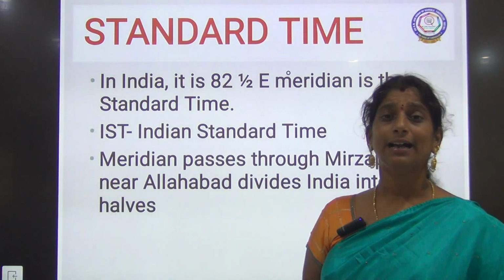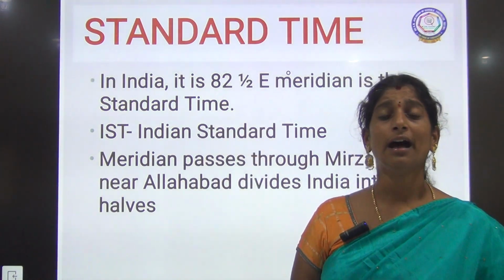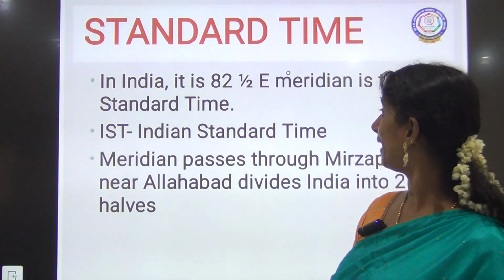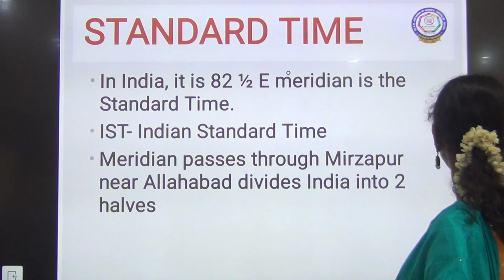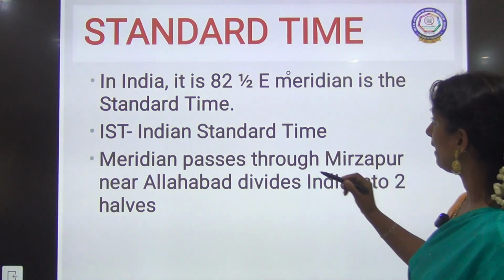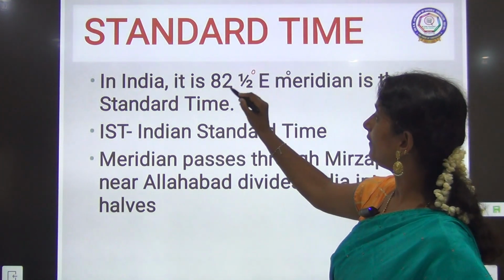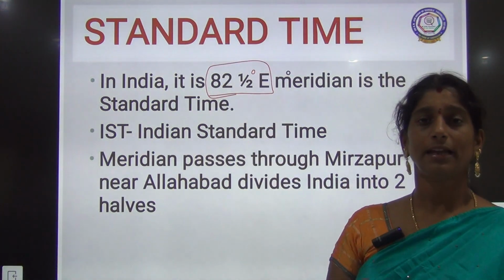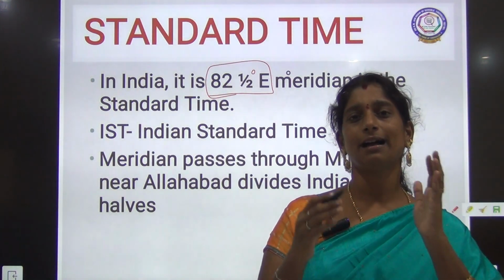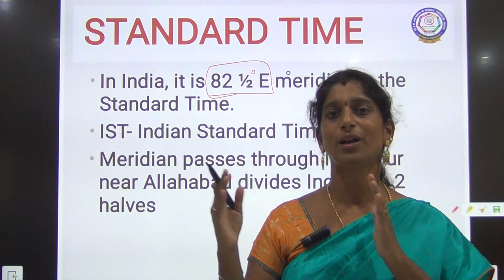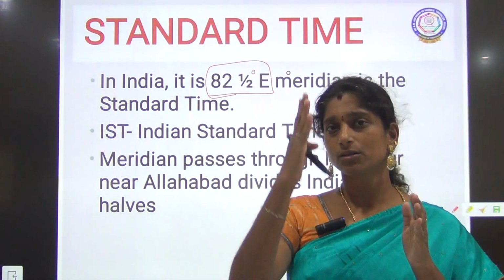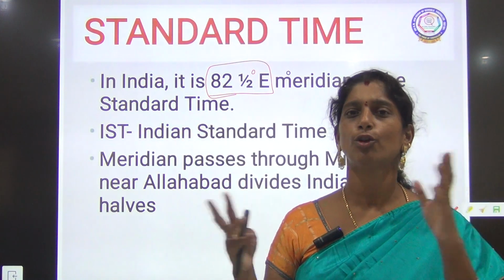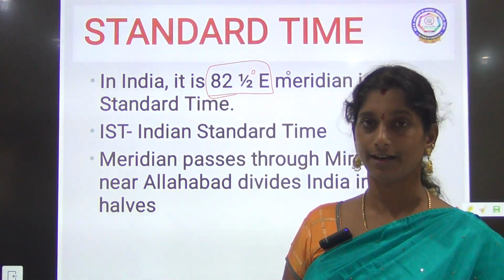In India, it is 82.5 degrees east, okay? This meridian gives the standard time. 82.5 degrees east is the standard time for India. Three meridians pass through India, so we cannot follow 3 times for a single country, right?